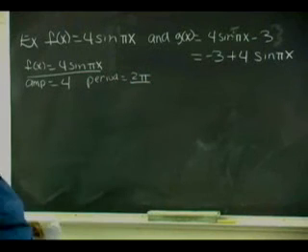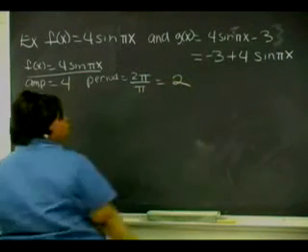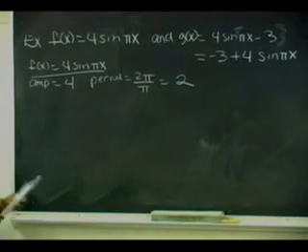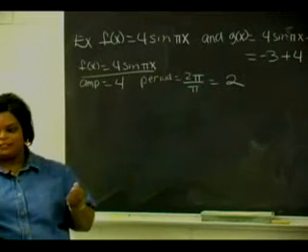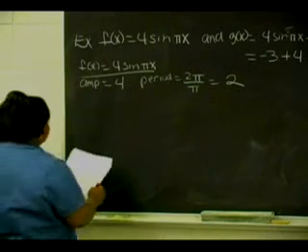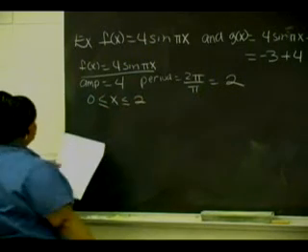What is the coefficient of that x? Pi, which means my period is just 2. It's just the number 2. Now, I don't have that bx minus c going on, which means I start where? 0. Start at 0. So, my x will range from 0 to 2.